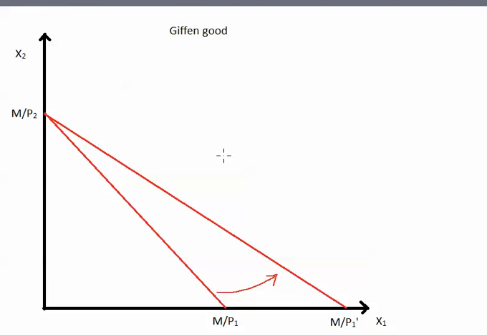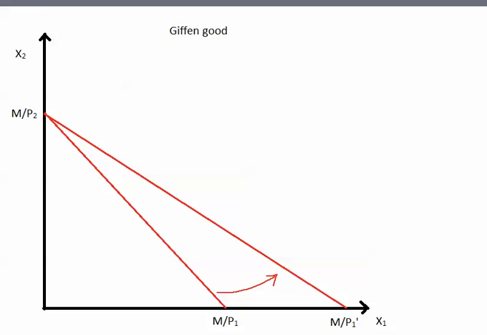Now, a Giffen good is a good for which over a certain price range the law of demand doesn't hold. So the income effect is so strong and working in the opposite direction of the substitution effect that a fall in price actually leads to a fall in consumption.